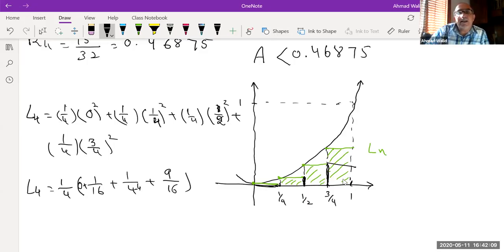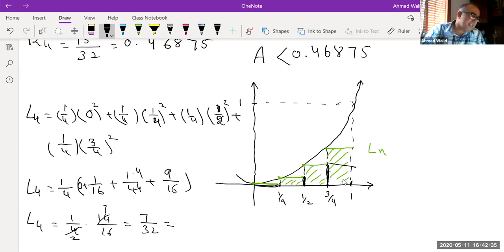Common denominator here, times 4, times 4. 1 plus 4 is 5. 5 plus 9 is 14/16. It means L4 equals 1/4 times 14/16. 2 times 7 times, it means 7/32.